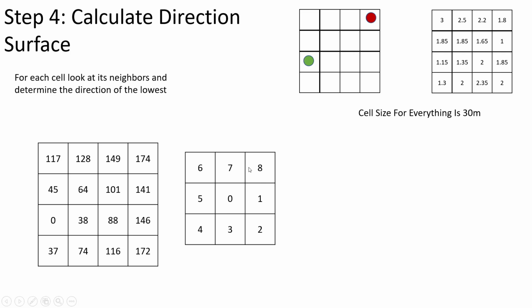So this 9-cell template here, this is the coded values and what they mean, right? So if our cell has a value of 1, that means the lowest value would be to the right. So we would go from our cell to the right. Take a second, think about this. We're going to go through several examples of how this works so that you can get a good feeling for it. Okay?